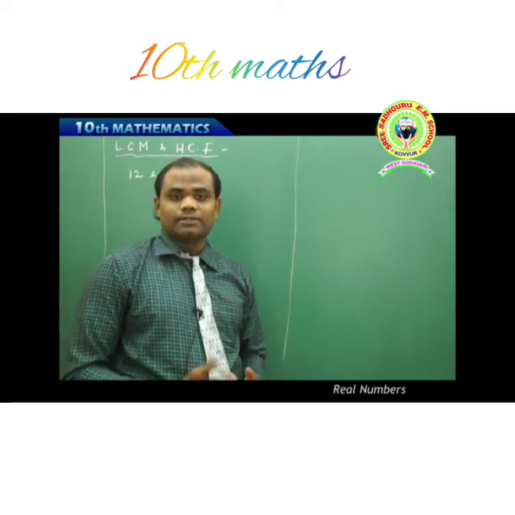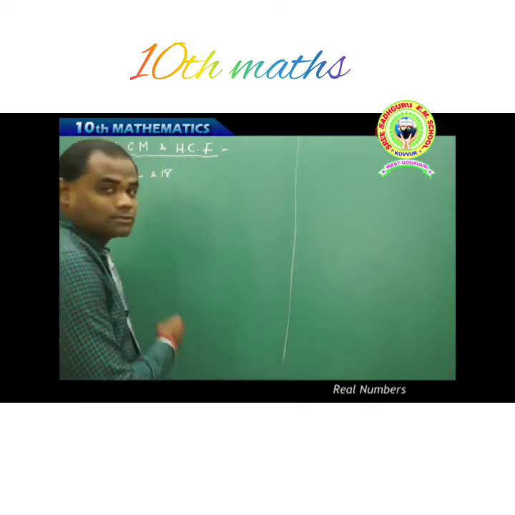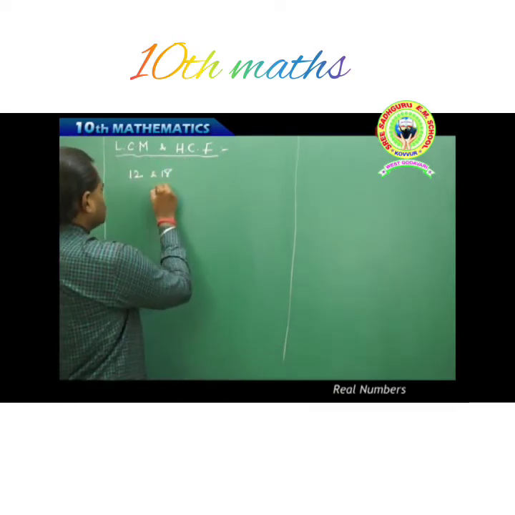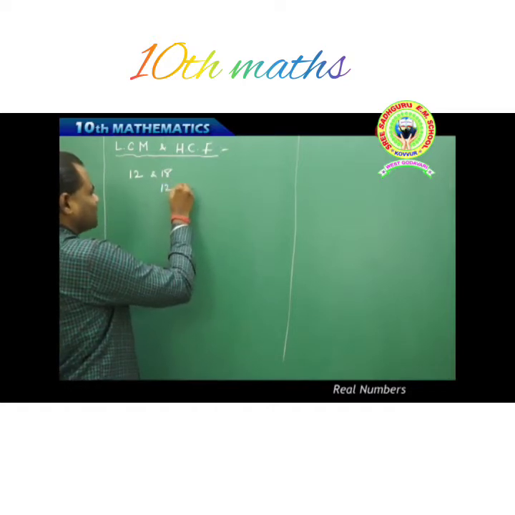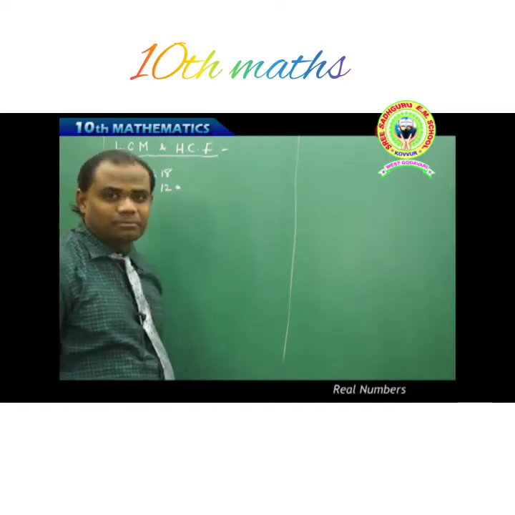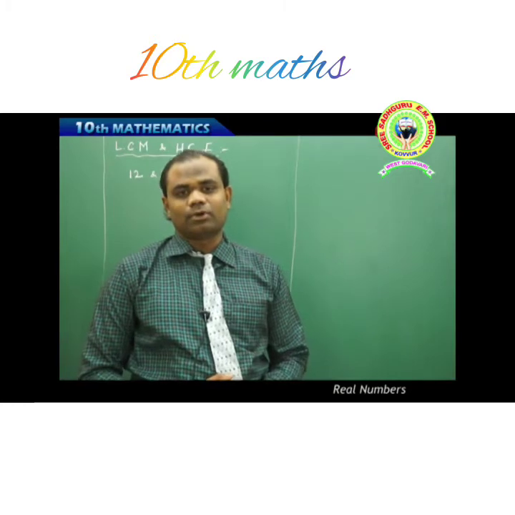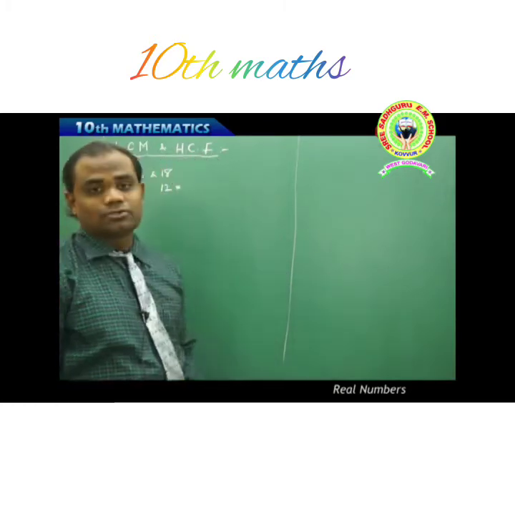the LCM and the HCF. Coming to this, let me start with 12, and using the prime factorization method, I should be able to find all the possible products in primes for 12.